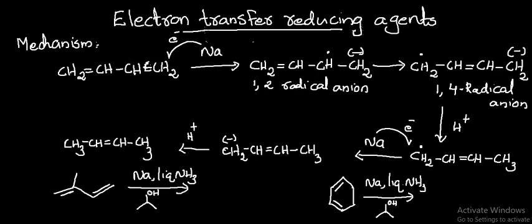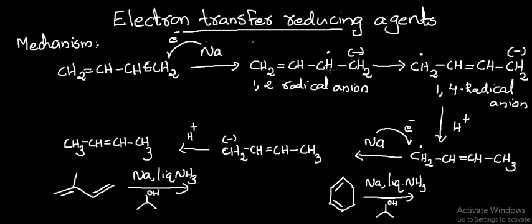When sodium transfers one electron to this carbon, it changes into a negative charge, which means a pair of electrons, and here the same one electron. This is the structure of the resultant intermediate, that is the 1,2 radical anion.